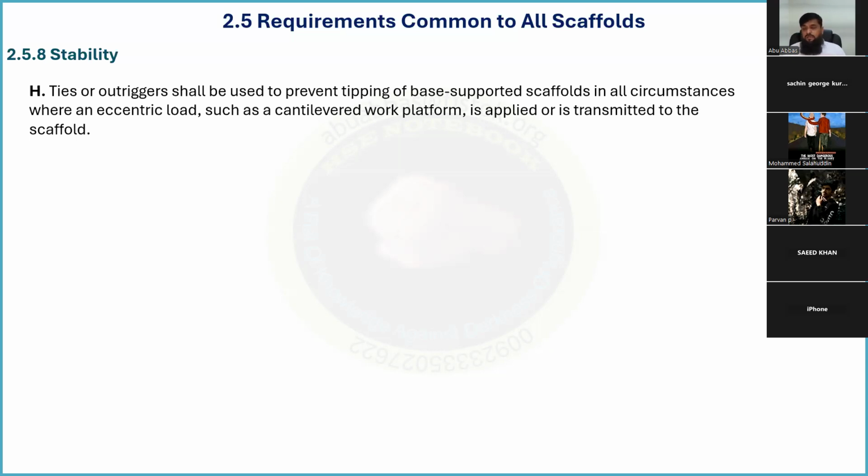They must support the scaffold against any type of critical load which will be applied. The platform load we know will go straight down, but these are other loads that can tip or lean a scaffold here and there.